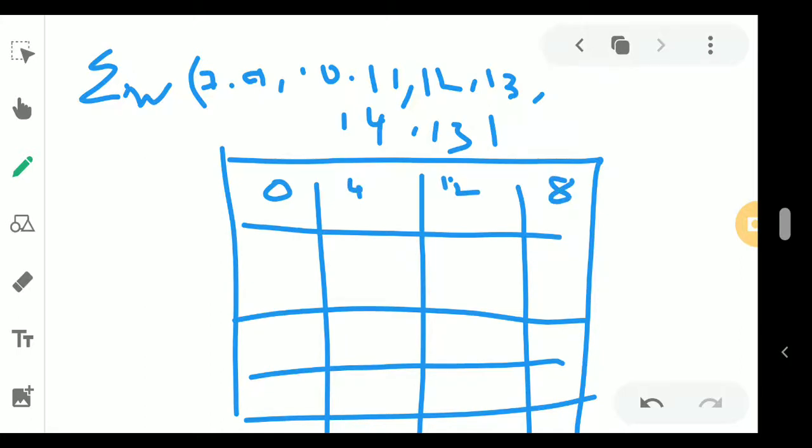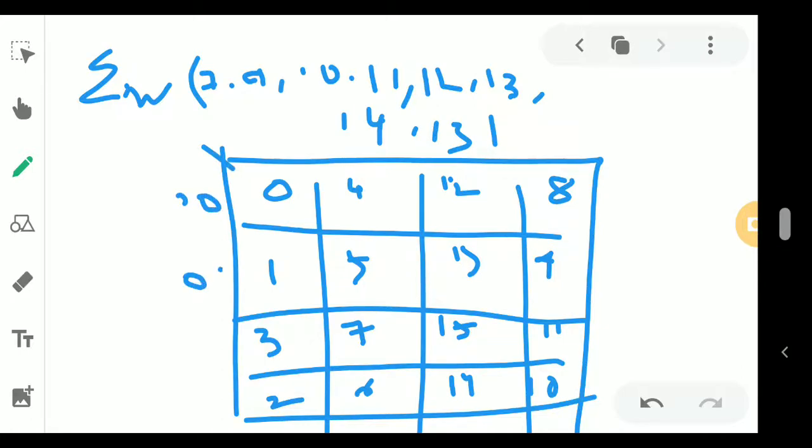First you position it, okay? 1, 5, 13, 9, 3, 7, 15, 11, 2, 6, 14, 10. So now it will be 0, 0, 0, 1, 1, 1, 1, 0.